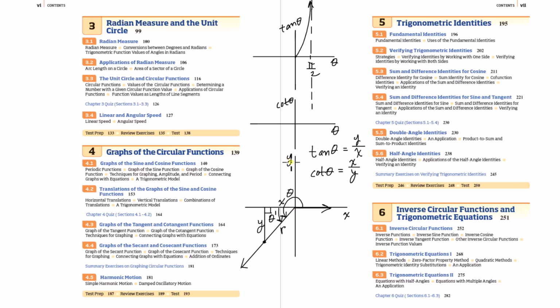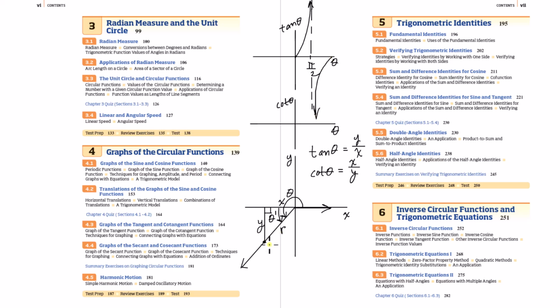So that's going to be the vertical asymptote, but in the negative direction. And then as you go past pi over 2 towards pi, the y goes to 0 again, and the x is negative r, but that's still 0. So it just does this. It's the same behavior, exact same shape, but like that.